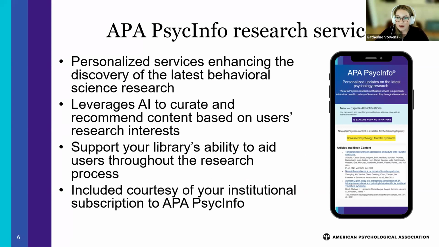So you can sign up for these research alerts, enter your research interests or keywords, and it will generate content for you to explore and to discover. This also supports the library and their ability to aid users throughout the research process. So it saves a lot of time and effort for both the library and the user. And as I said before, this is included courtesy of your institutional subscription to APA PsycInfo.